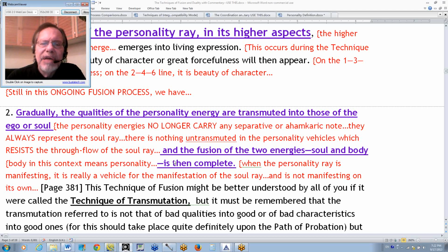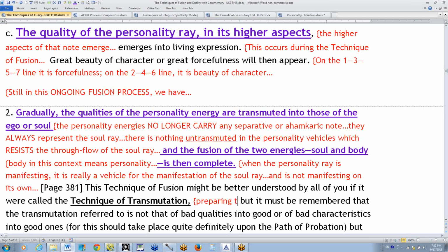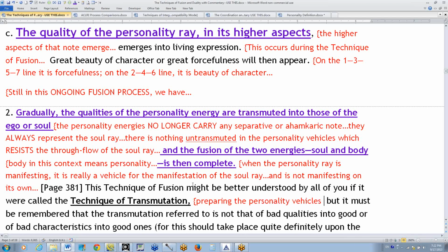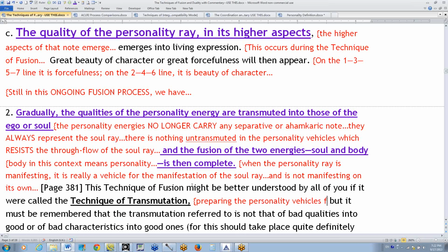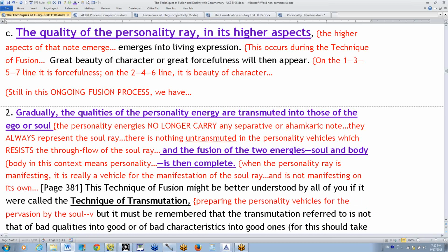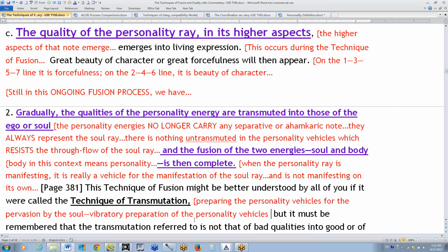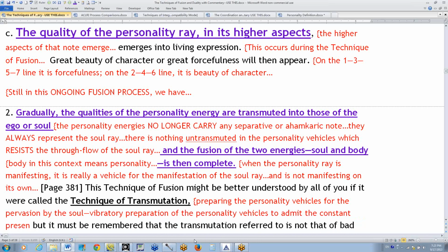So the technique of transmutation, we might say, is preparing the personality vehicles for the pervasion by the soul. So, vibratory preparation of the personality vehicles to admit the constant presence of the soul through their functioning.